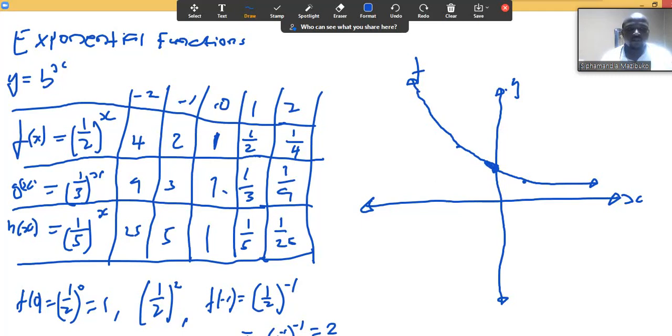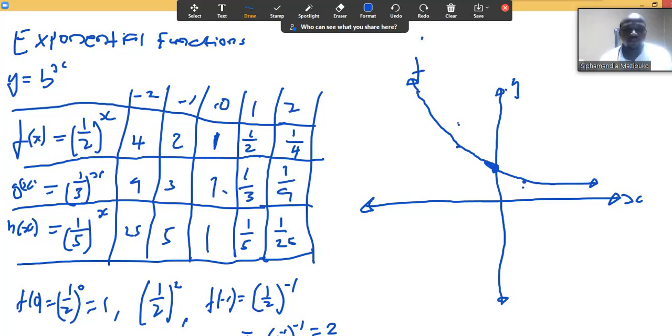Then minus 1 is giving us positive 3, so that should be here. And for 2 is to 9, you should be getting something like here maybe. So this graph will now look like this one.